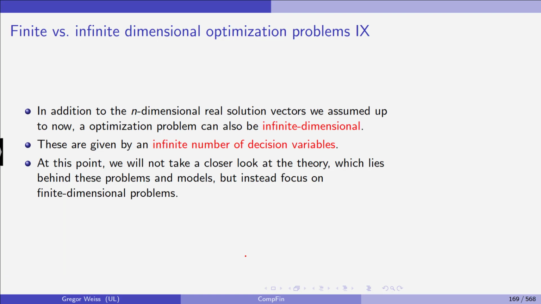In addition to the n-dimensional real solution vectors we assumed up to now, an optimization problem can also be infinite dimensional. We will not be looking at this. We are concentrating on finite dimensional problems, but I wanted to point out that there are also cases in which those vectors are infinitely dimensional.